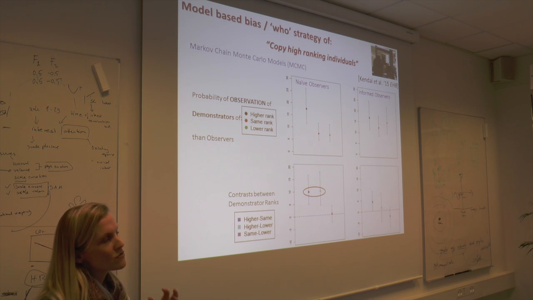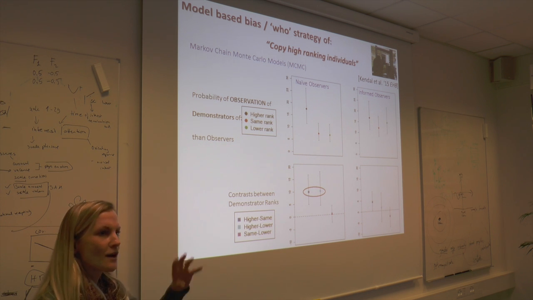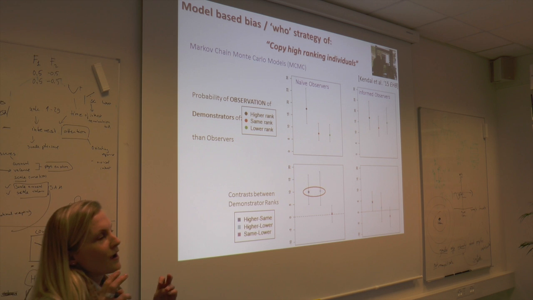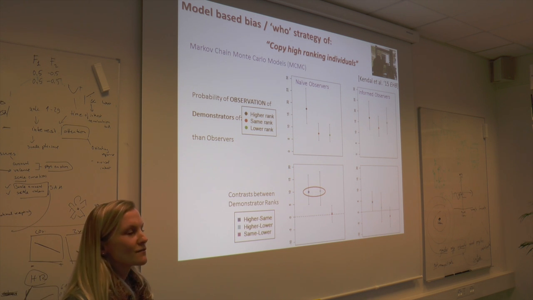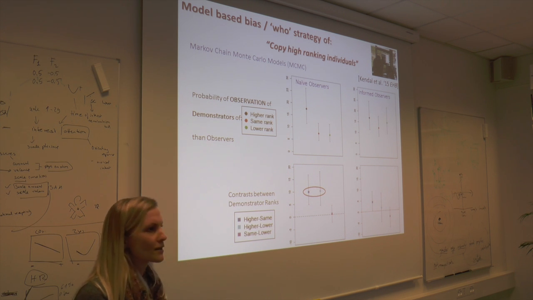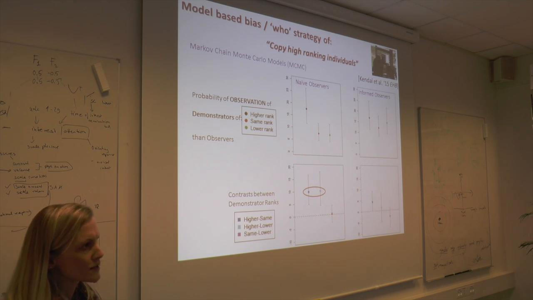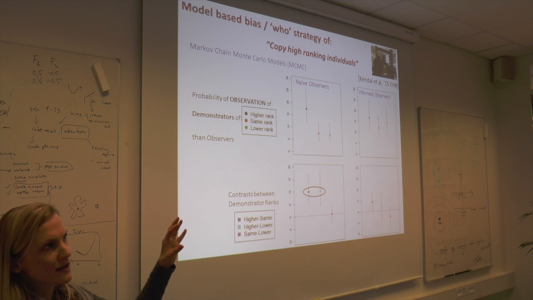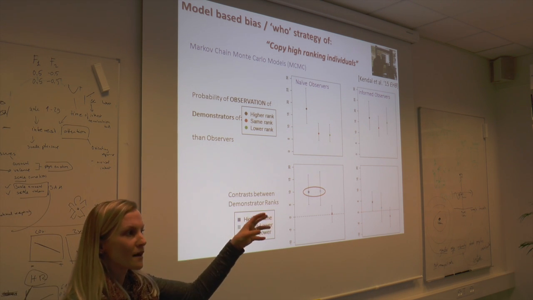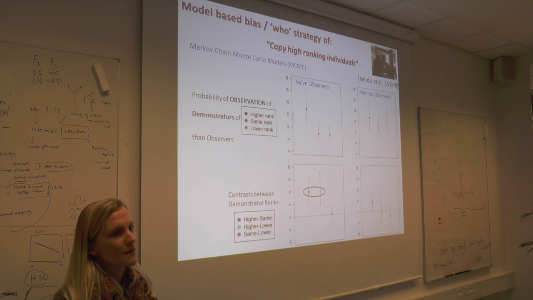But actually we don't know, because, I don't know if you remember, but because each group was very homogeneous in either using left or using right, there's very few instances where an individual has seen a high-ranking individual move the door to the left and a low-ranking individual move the door to the right. So we can't actually say whether their observational records, the records of who they observed and what they saw, influence their behaviour.